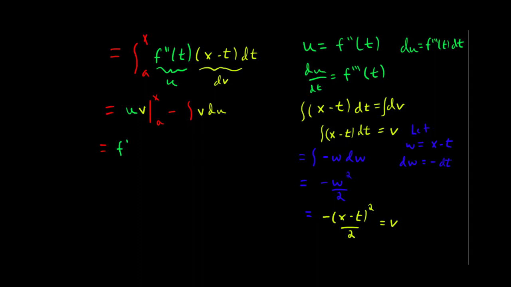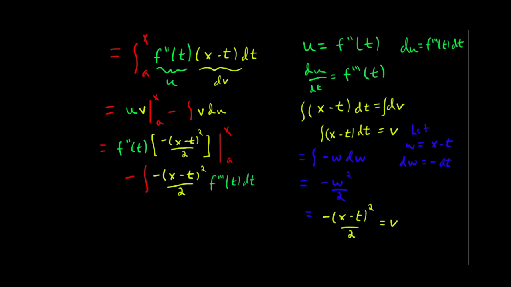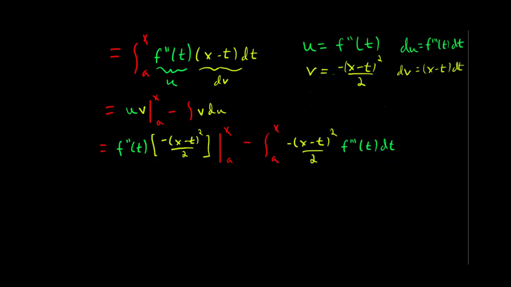So that's going to equal, subbing everything in, f double prime of t times the quantity minus x minus t squared all over 2, evaluated from x to a, I'm running out of room here, minus the integral of minus x minus t squared over 2 times f triple prime of t dt. And those are the bounds of integration. So just moving everything onto one line there, let's do this integration and see what we get.